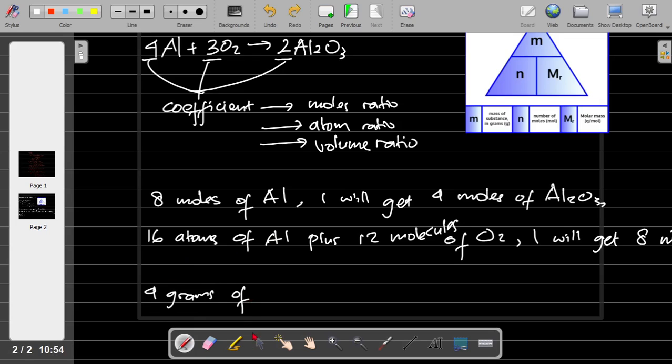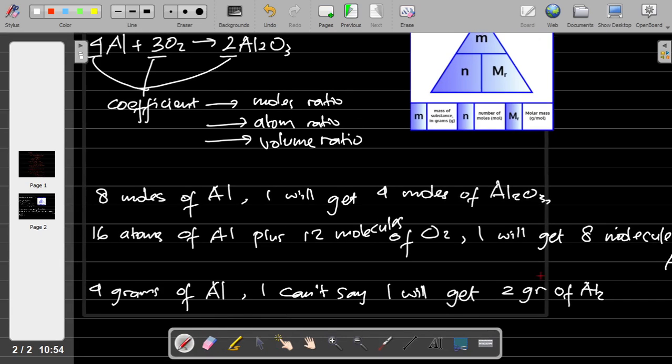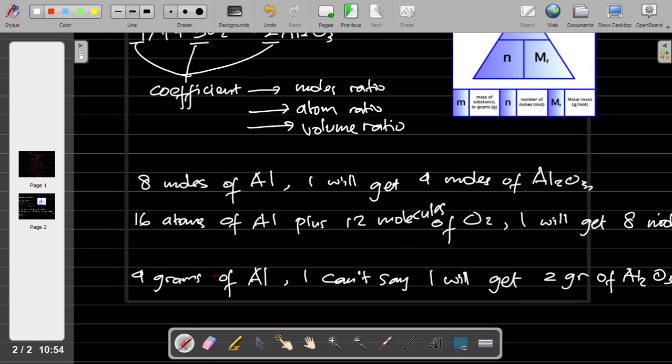So let's say I have 4 grams of Al, then I can't say I will get 2 grams of Al2O3, because grams is not mentioned here.